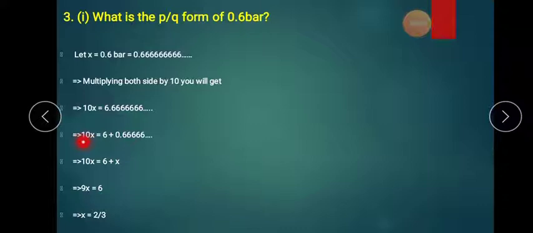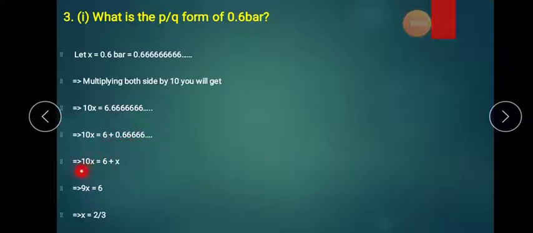So we'll again continue. 10x equal to, now we'll break this 6.666 in this manner. 6 plus 0.66, like this, means the number and the decimal part we are separating. So the number is 6 and the decimal part we are separating.